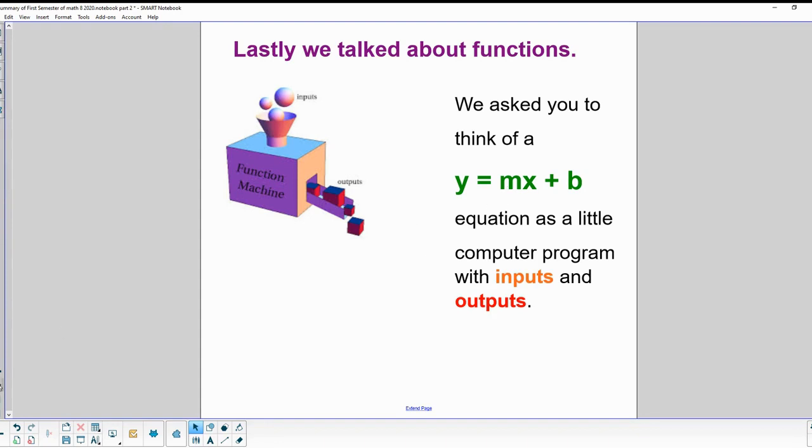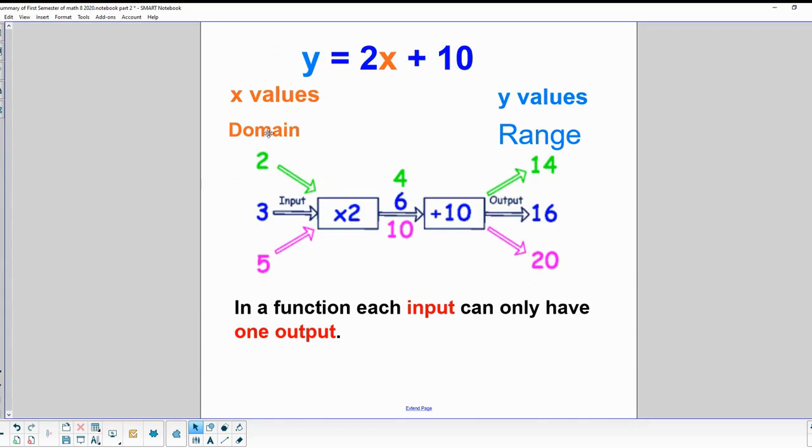function machines. So if you have an x value that goes into your function, and here's our function, y equals 2x plus 10, these x values we call the domain, or the input. They would go into the function, get multiplied by 2, then end up being these three numbers, and then we would add 10 to that result, and out would come the output.